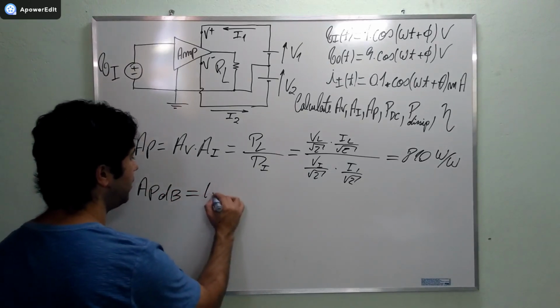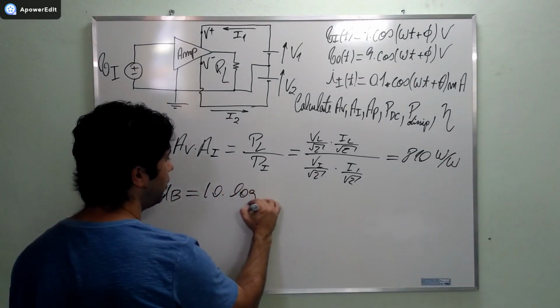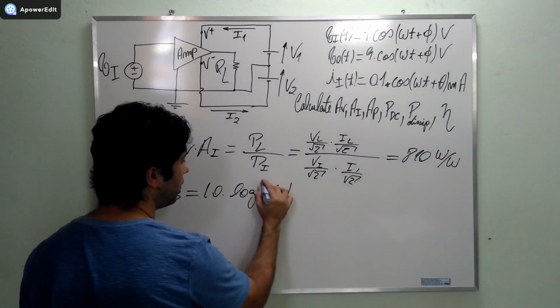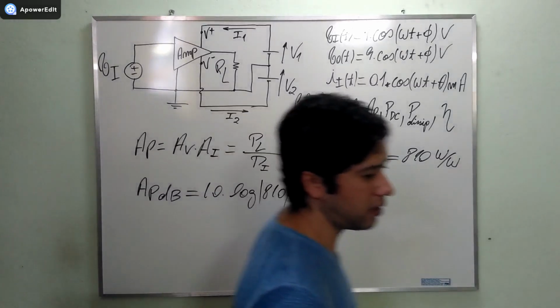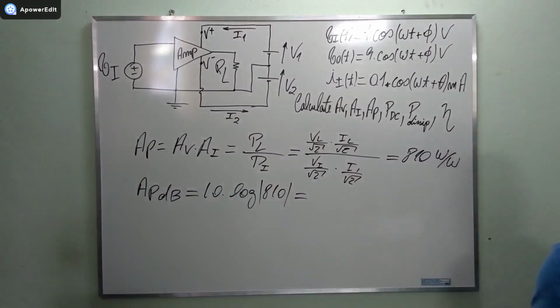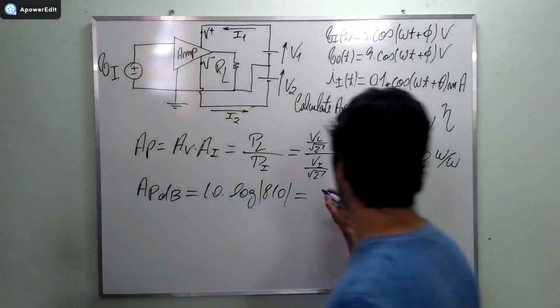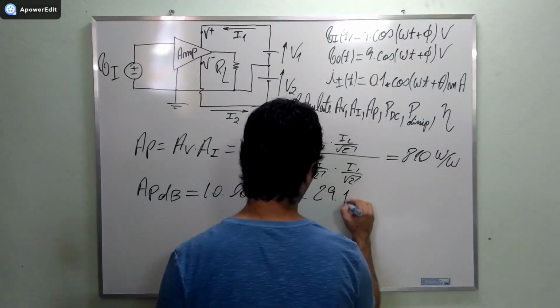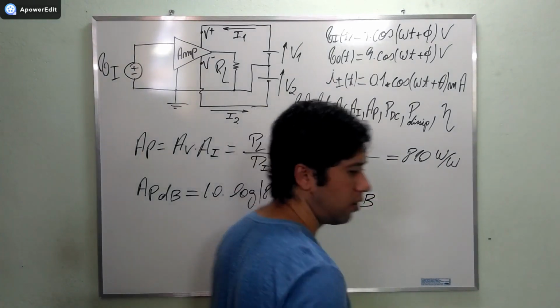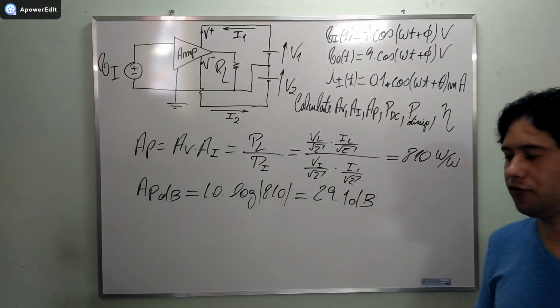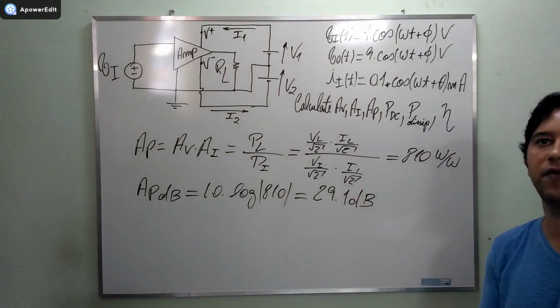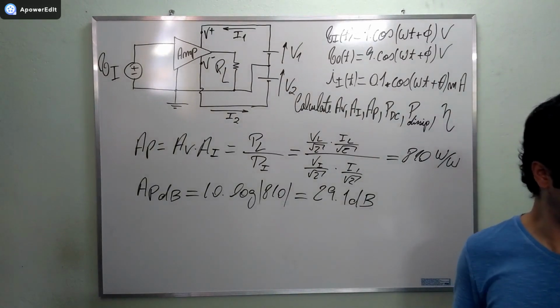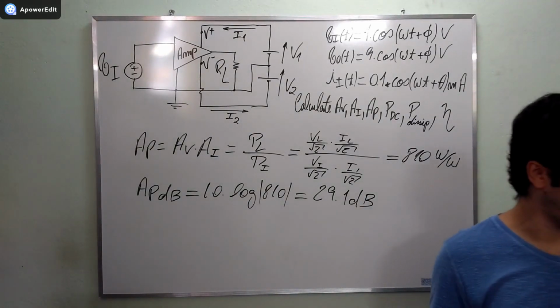It's going to be 10 times the logarithm of 810. And we find that the power gain in decibels is 29.1 decibels. Very easy, isn't it? Are you guys following? If you are understanding, then it is awesome.